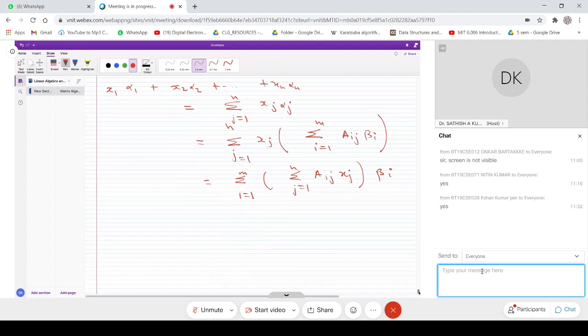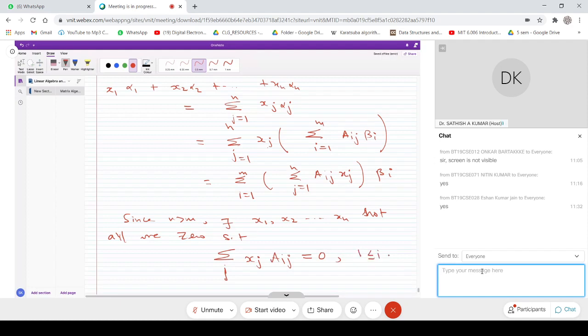Now, by the matrix concept, we know one result. Since n is greater than m, there exist scalars x1, x2, etc., xn, not all of them 0, such that summation over j of aij into xj is 0, for 1 less than or equal to i less than or equal to m.